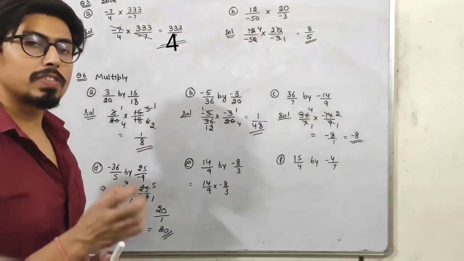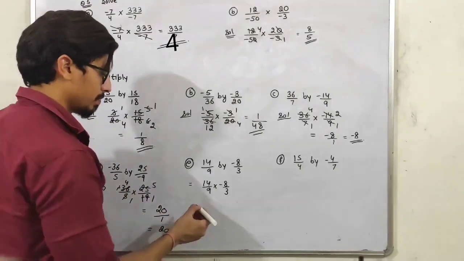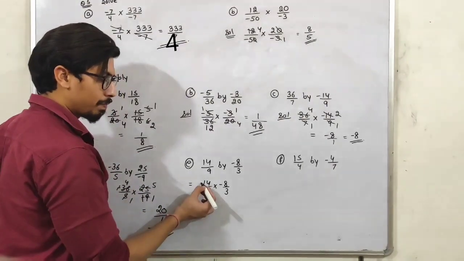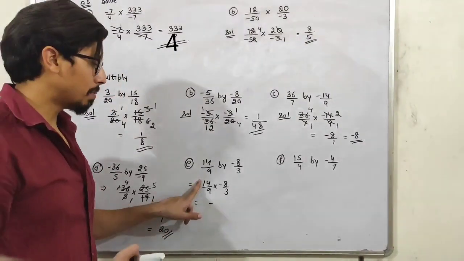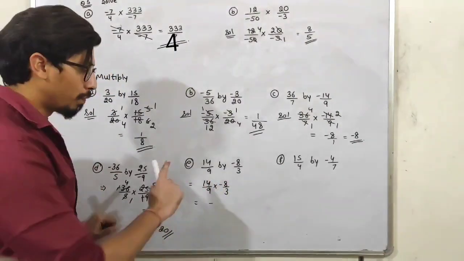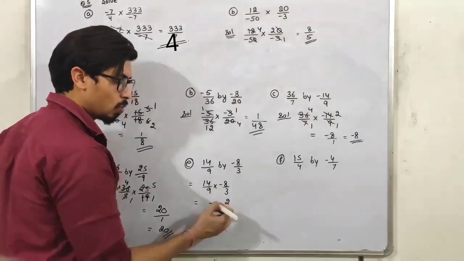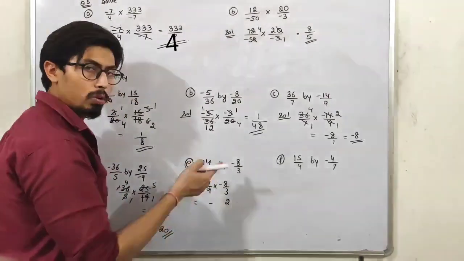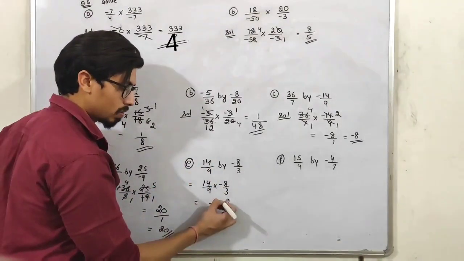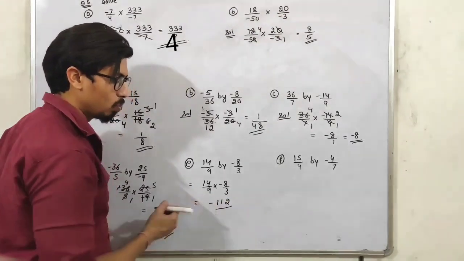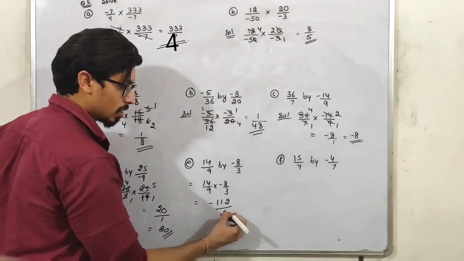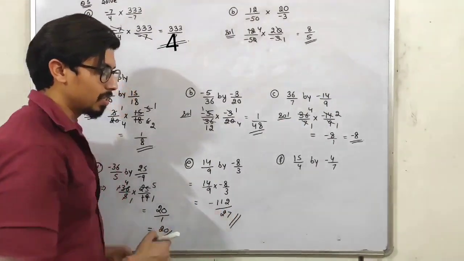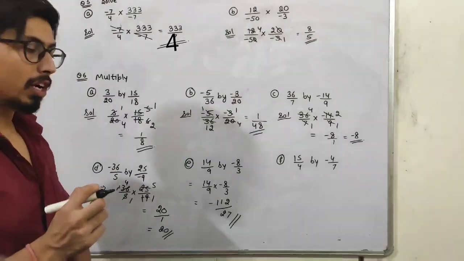So we just multiply these terms. Here we have plus 14 and minus, so the answer will be negative. Multiply 14 and 8, which gives 112. In the denominator, 9 threes are 27. So the answer is minus 112 by 27.